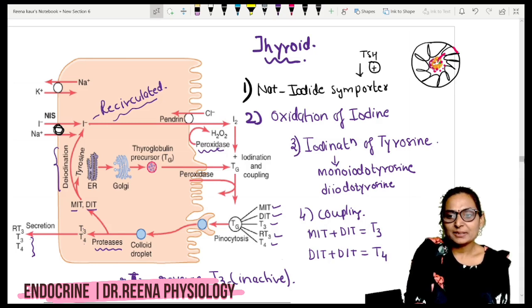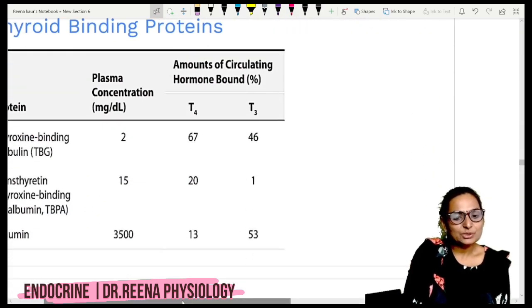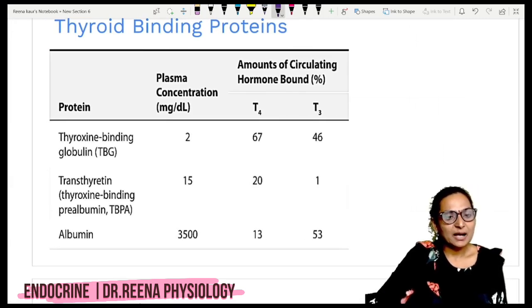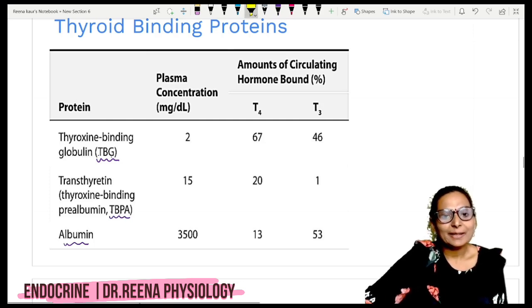Then the next step is the binding proteins. You must know what the binding proteins are. The binding proteins are thyroid binding globulin, albumin, and thyroid binding prealbumin. Then my MCQ is, which is the major protein?